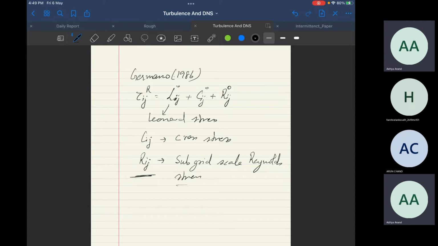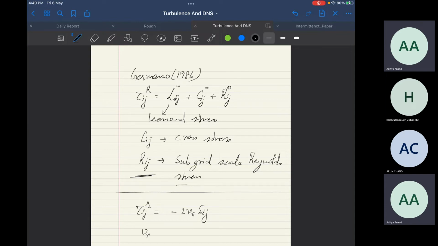One very popular model used is the Smagorinsky model. What the Smagorinsky model does is it models the anisotropic part of tau ij as 2 times nu r Sij.